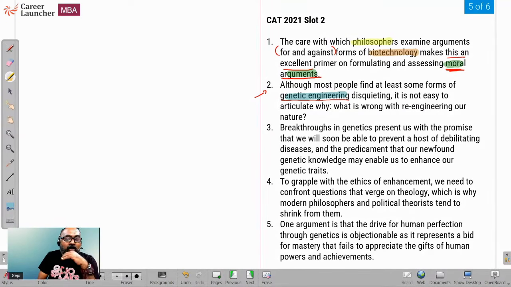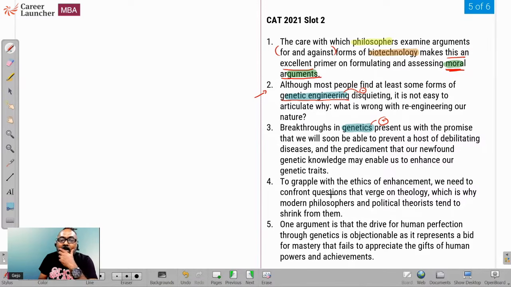Breakthroughs in genetics. Okay, we are getting to genetics. They present us with the promise that we will soon be able to prevent a host of debilitating diseases, and the predicament that our newfound genetic knowledge may enable us to enhance our genetic traits. So there is some positive thing, and some people who find genetics negative, so we've got that contrast.